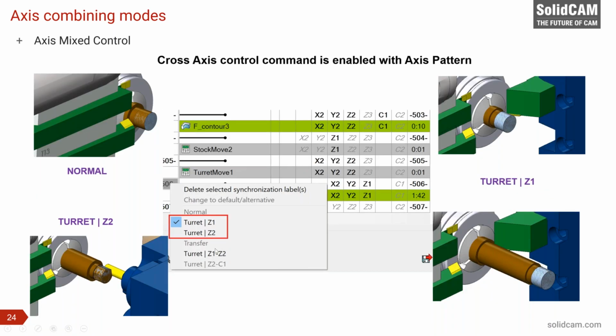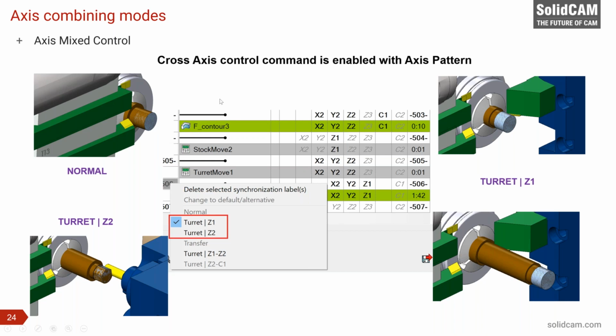We have it from the software, also from MCO cycles, and we can see these inside the synchronization table. We can choose how we're going to manage it. For example, currently I will program the turret with the Z1 axis. That means that only the bar will move and the turret will not move.